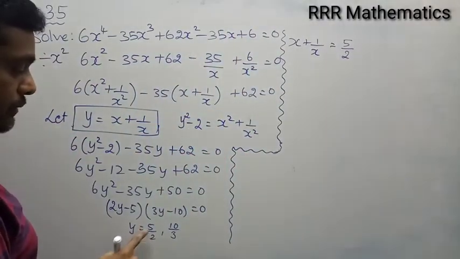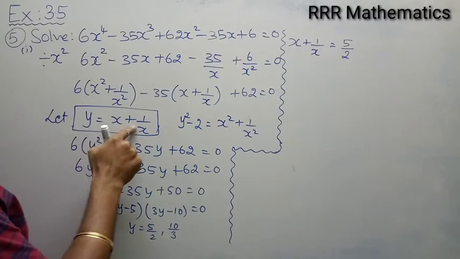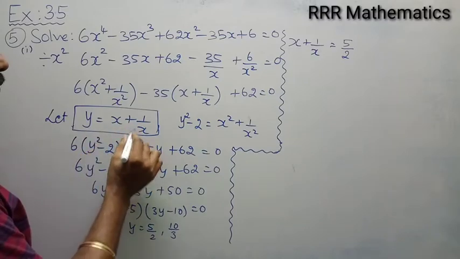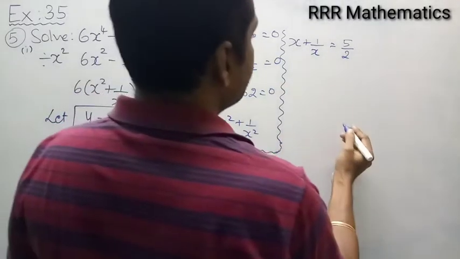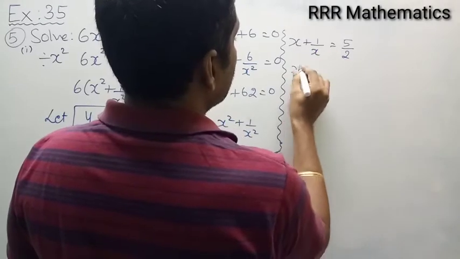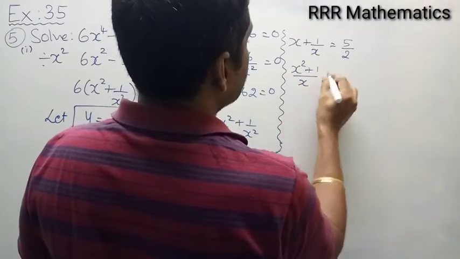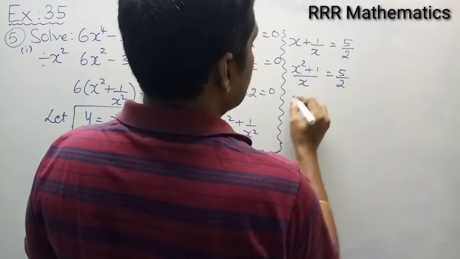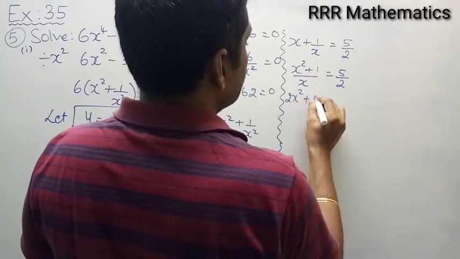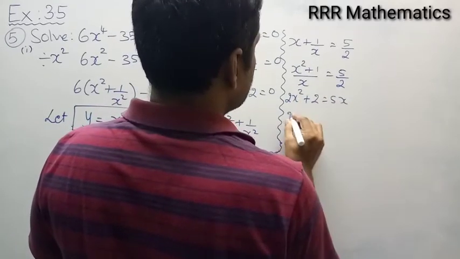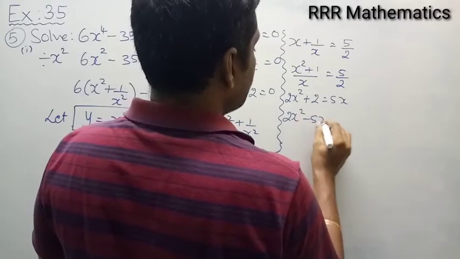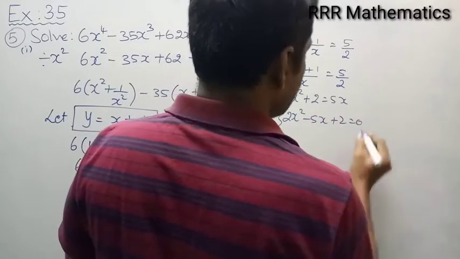Your y is x + 1/x. Take LCM: (x² + 1)/x = 5/2. Cross multiply: 2x² + 2 = 5x. 2x² − 5x + 2 = 0.